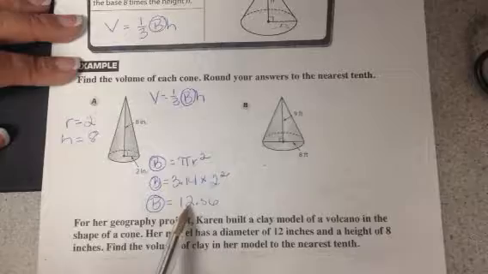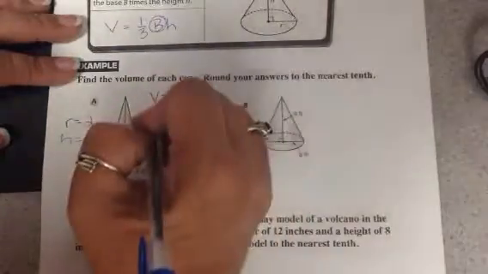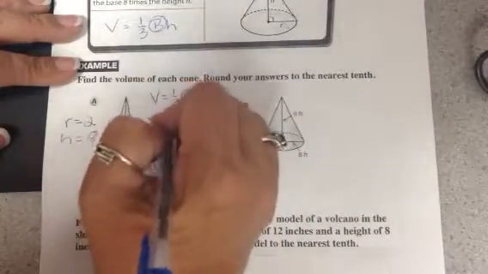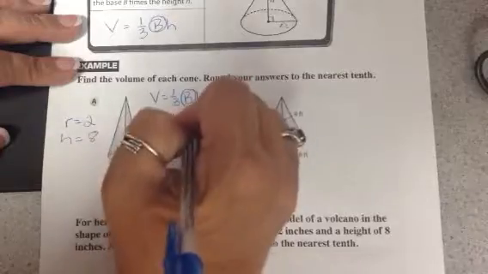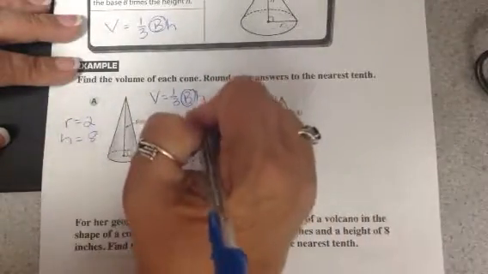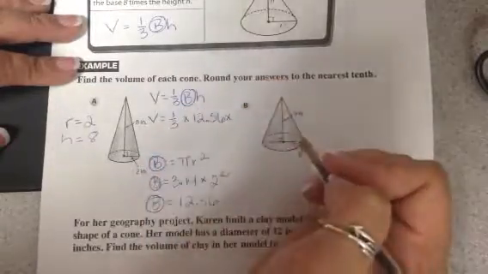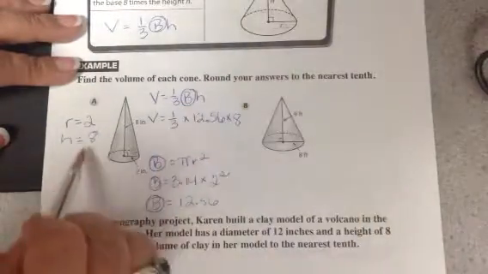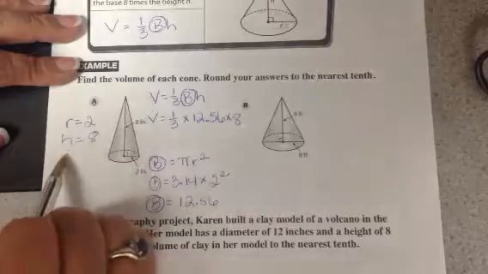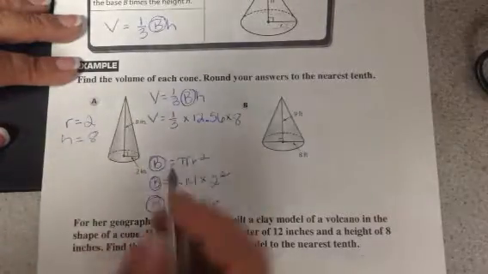Now I can take that 12.56 and plug it into my formula. V equals 1/3 times 12.56 times my height, which is 8. Notice I have all that stuff over here. I have a height, so I'm ready to go.